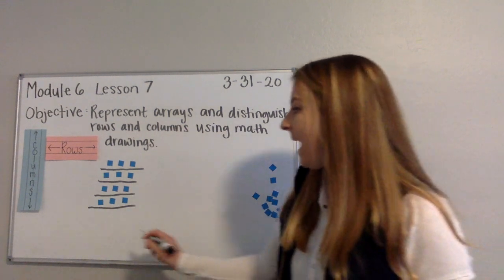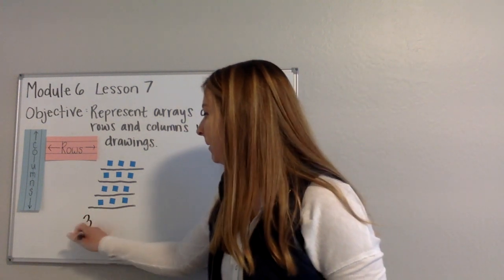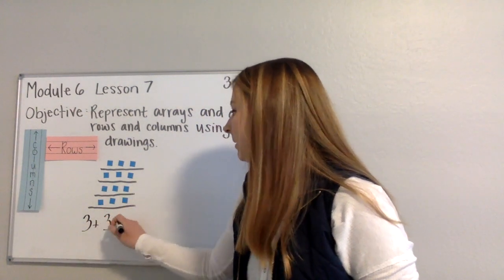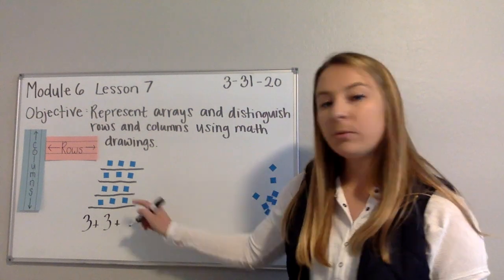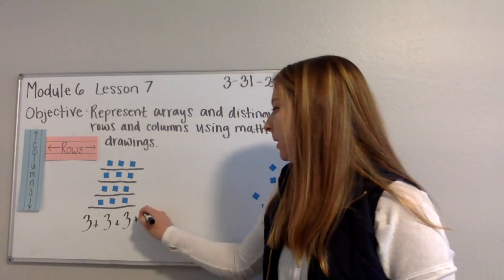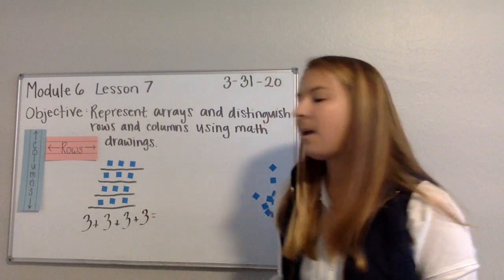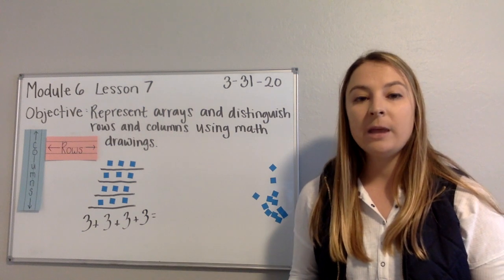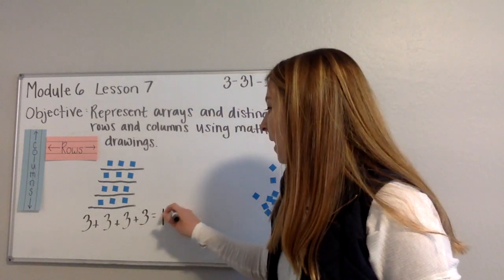Row number 1 has 3, plus row number 2 has 3, plus row number 3 has 3, plus row number 4 has 3. My repeated addition sentence is 3 plus 3 plus 3 plus 3 for a total of 12.